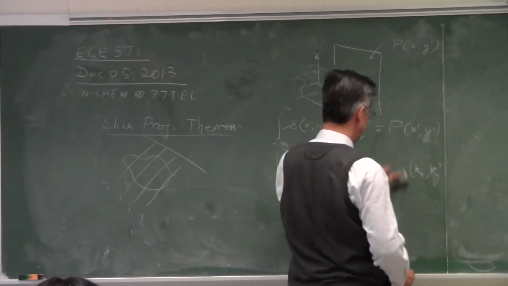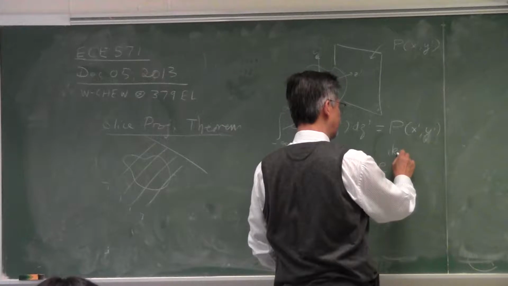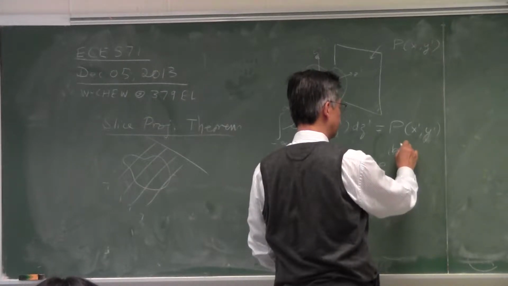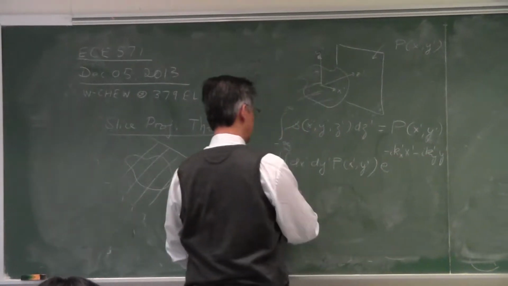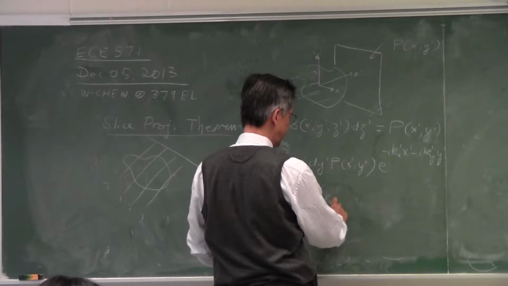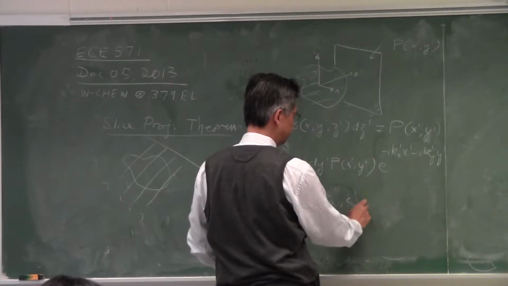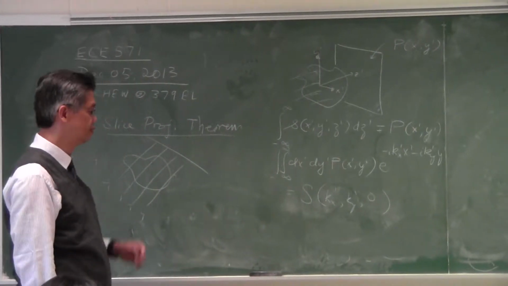I'm sorry, I need the exponents as well: e to the i kx prime x prime minus i ky prime y prime. If you do this, then you actually get the Fourier transform at kx prime, ky prime, kz prime equal to 0. Okay?